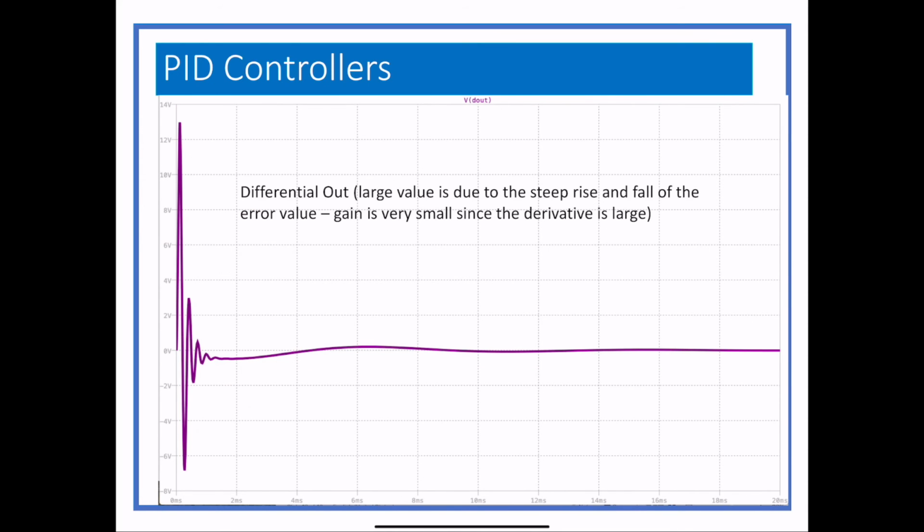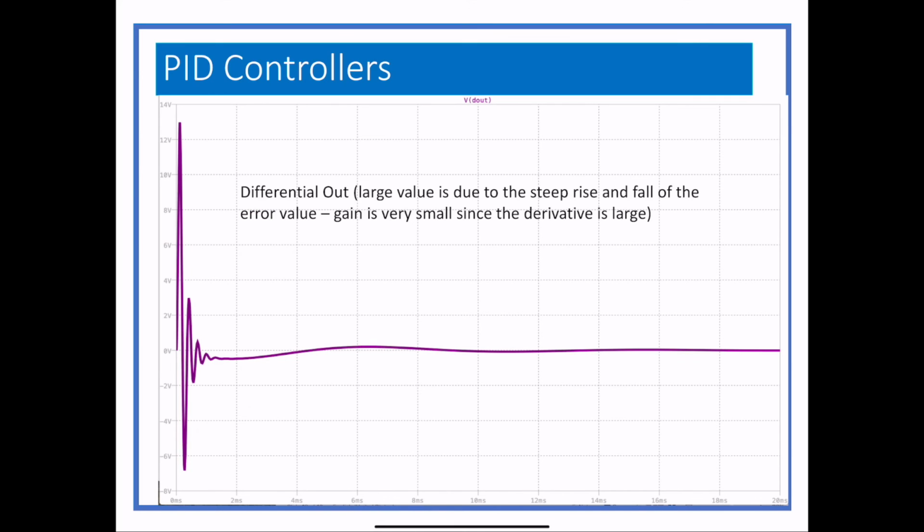So you'll notice that the initial term of the differential goes up to about 13 volts, even with that very small amount of gain. That's why the gain on that one has to be really small, because the initial error is going up and down so steeply at the beginning. So we make that small. And again, you notice it stabilizes out after a reasonable amount of time.